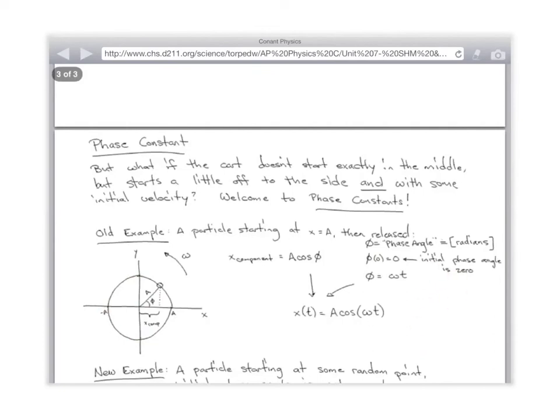Okay. Wouldn't you agree that the angular position phi would be equal to the angular velocity times time, assuming you start from 0, right? Okay, what if you don't start from 0? What if you start from a time or a position that's not 0?